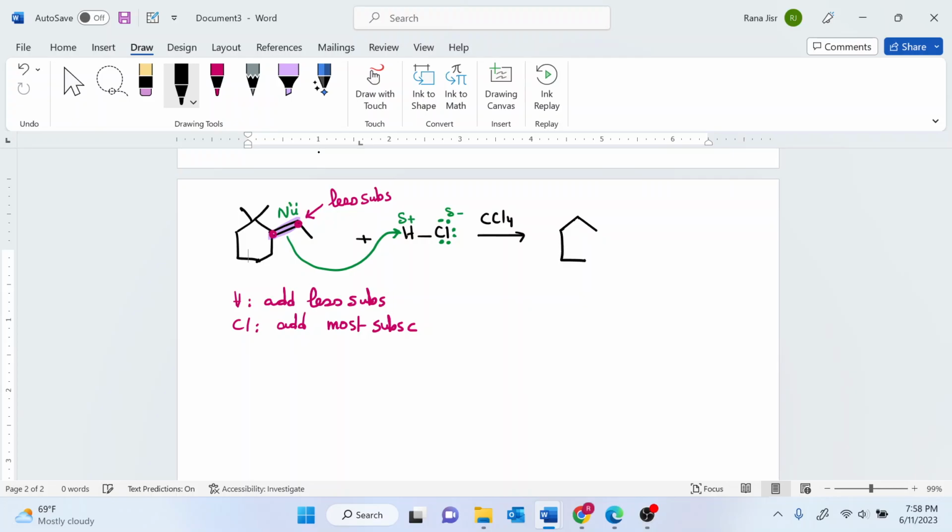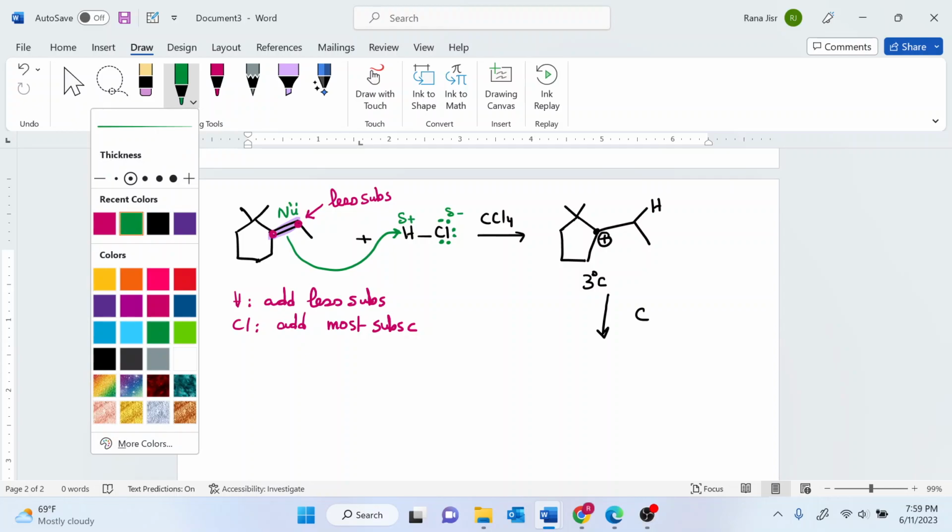So over here, I am going to add my hydrogen first. So hydrogen is going to come and add over here, and the adjacent carbon will carry a plus charge. Now that adjacent carbon over here is already a tertiary carbocation by itself. So no need for me to move anything in this case because it is already a tertiary carbocation. So I can go ahead and proceed. So I'm going to go ahead and add my chlorine in this case.